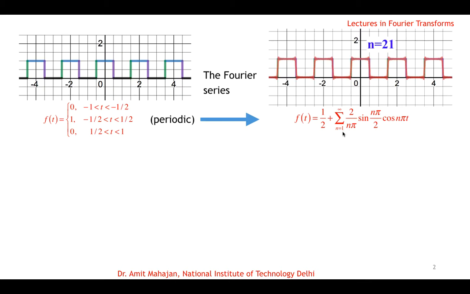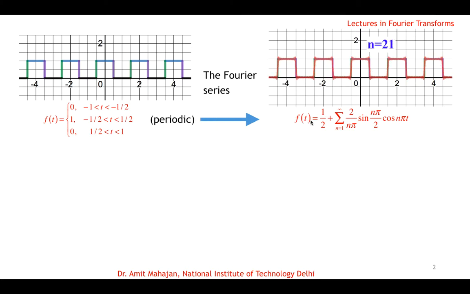Okay, and you can see that when the number of terms on the right hand side increases, the function actually converges back to this pulse function. Okay, so this is a Fourier series.